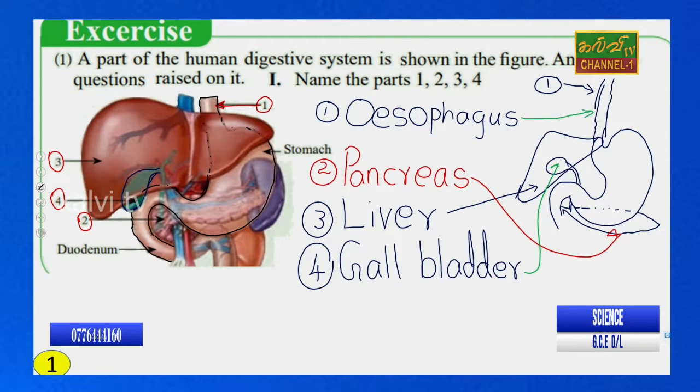This is esophagus, and we know that this is stomach. Anyway, we will move to the next slide.